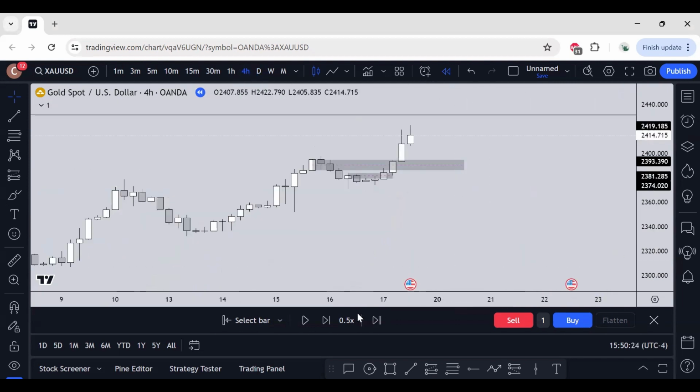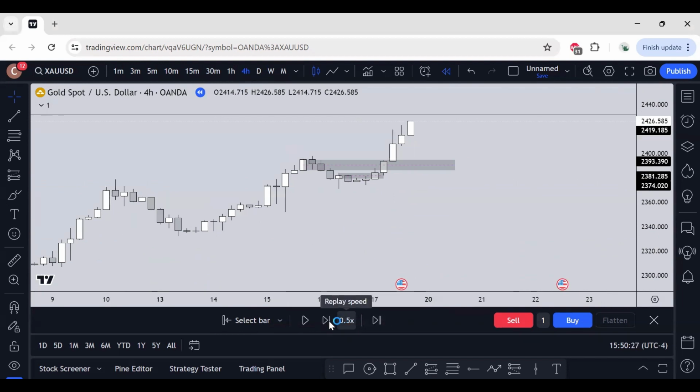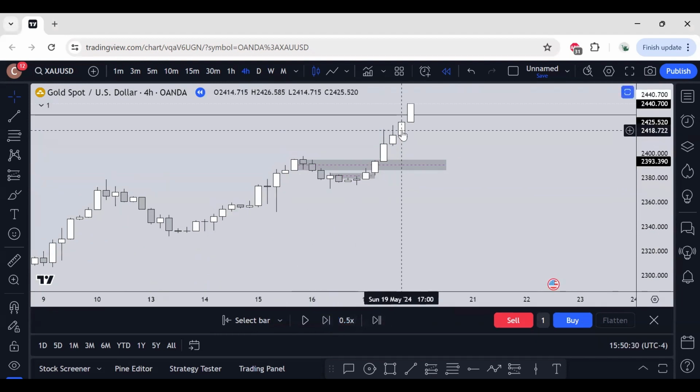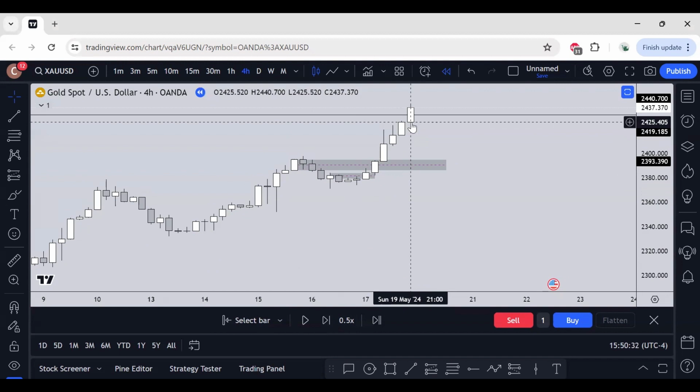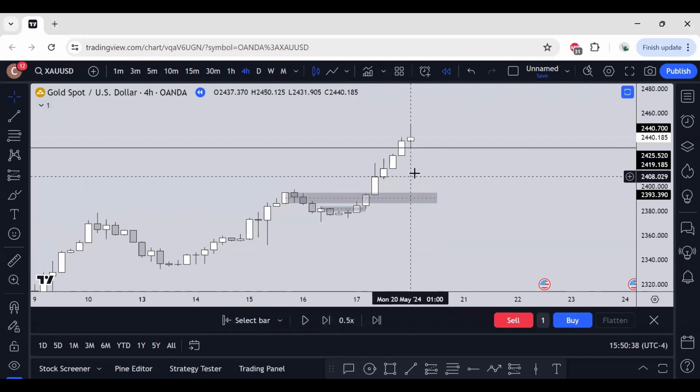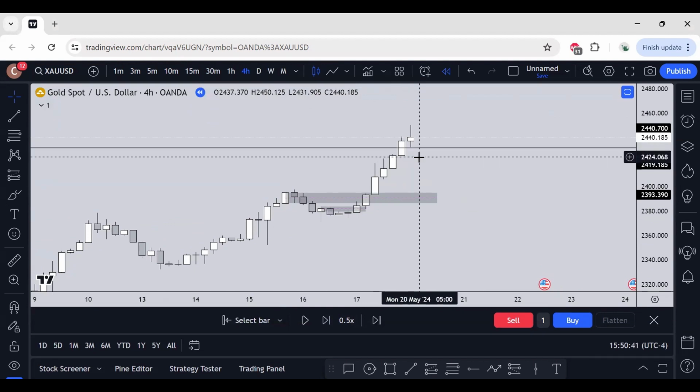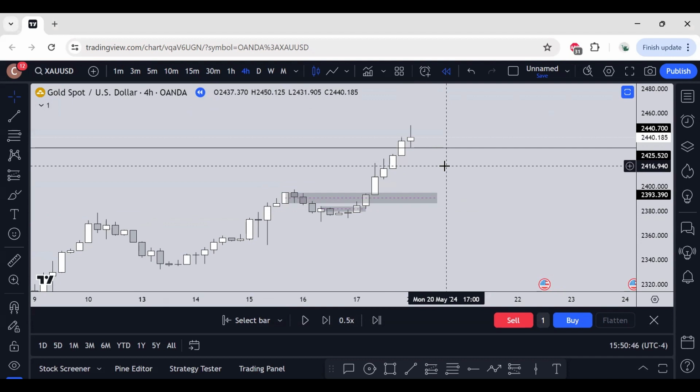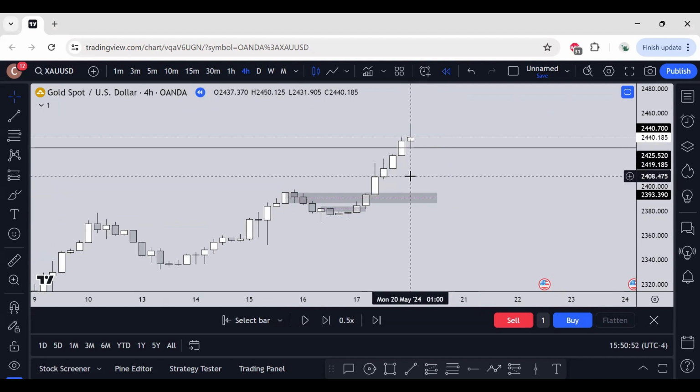Initially, on the 4 hour, Sunday the 19th, the daily did not make a lower weight. This is where it opened and it just started going up. There was no lower weight, so I am not going into buys. I want a lower weight made. Coming into London time or New York time, this is where I'm going to look for buys. I am not looking for sells.